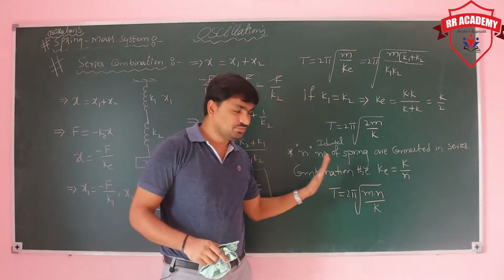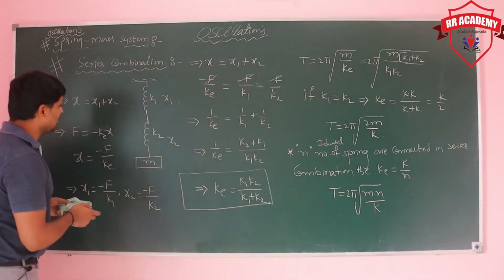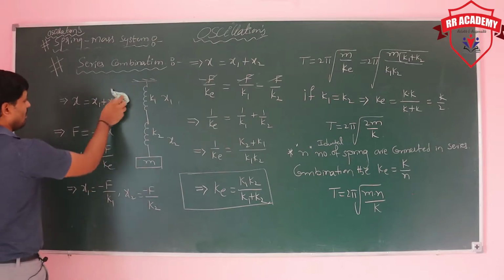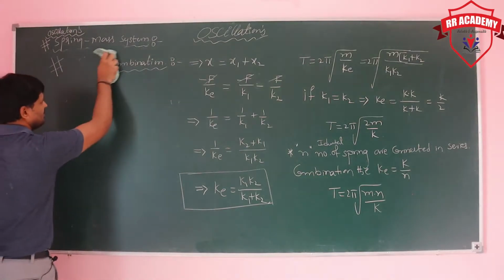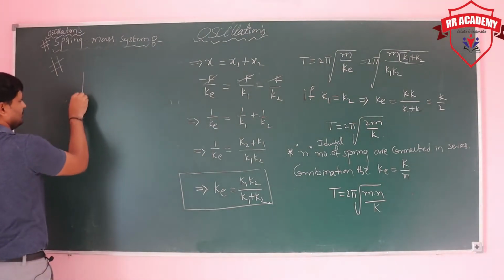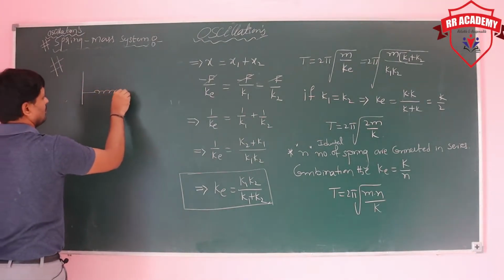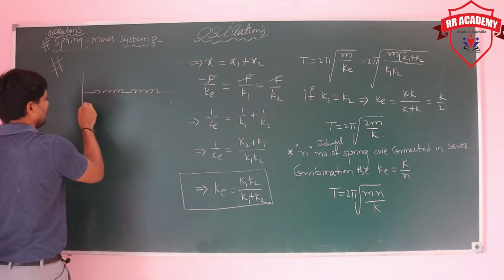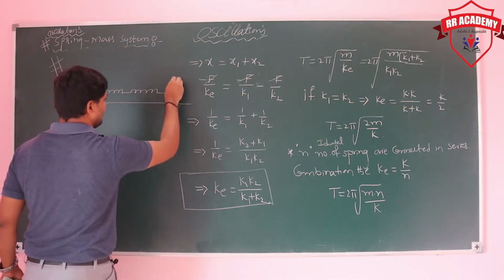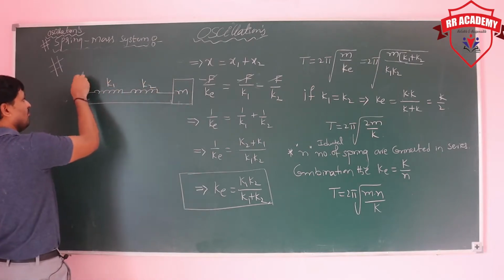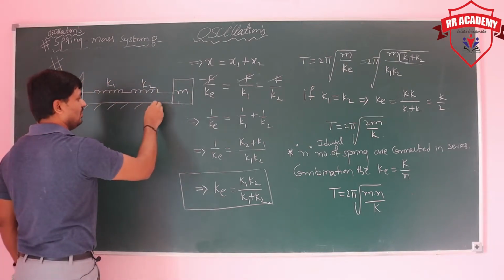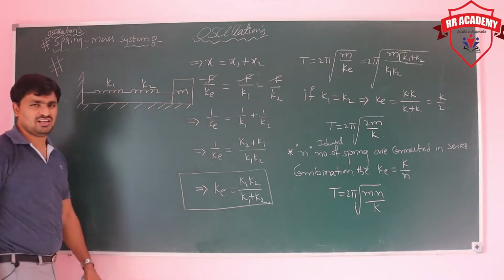In case of vertical, if you are connecting in the horizontal situation, how will it be? If you are connecting two springs like this, which combination is it? Yes, of course, the combination is series only.